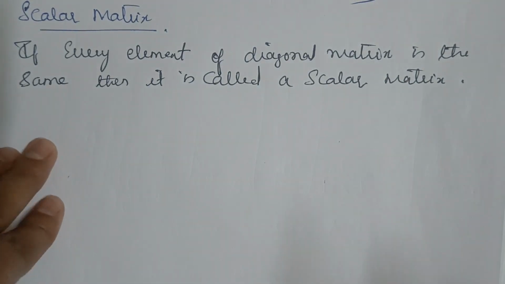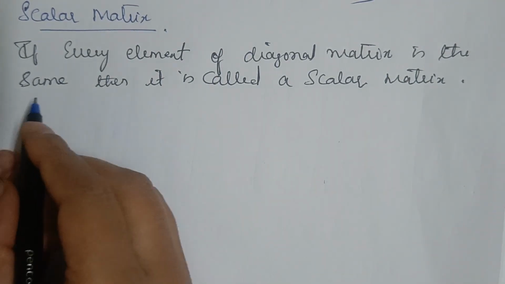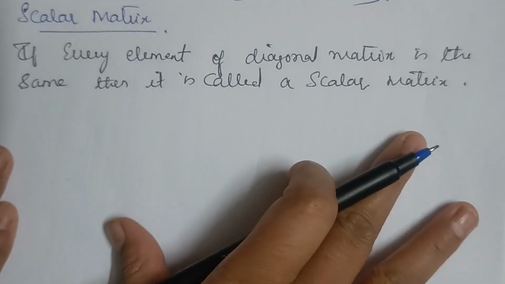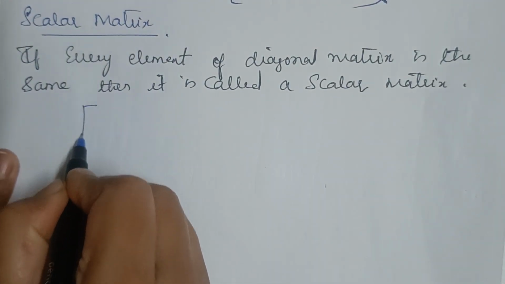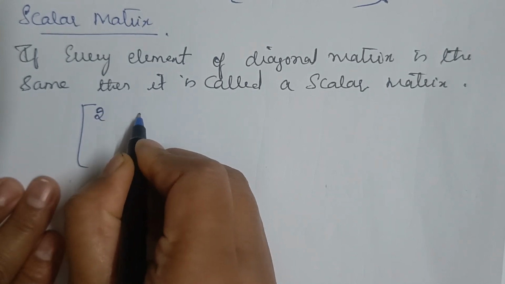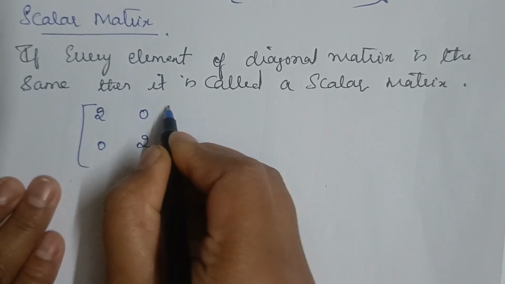For example, I'll show you what it means. I have a diagonal matrix. Of course, the diagonal matrix has to be a square matrix. So let me consider 2, 0, 0, 2.